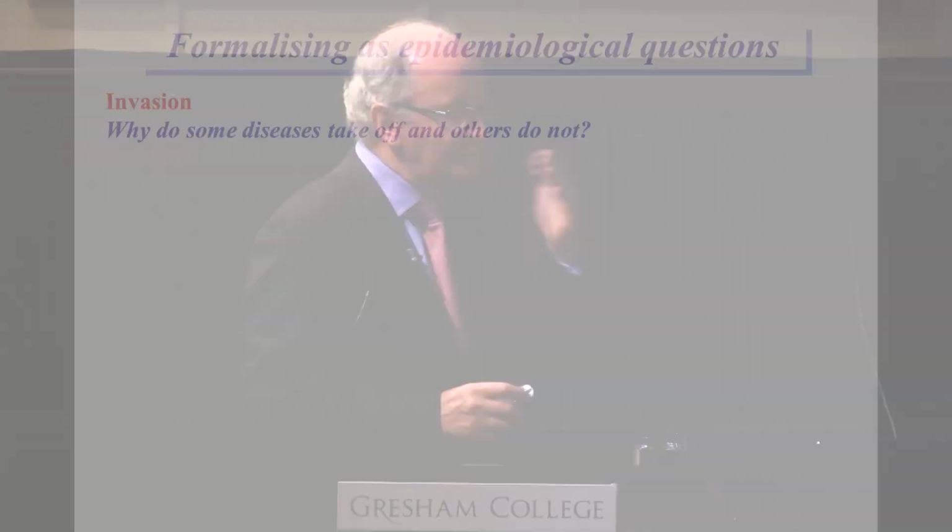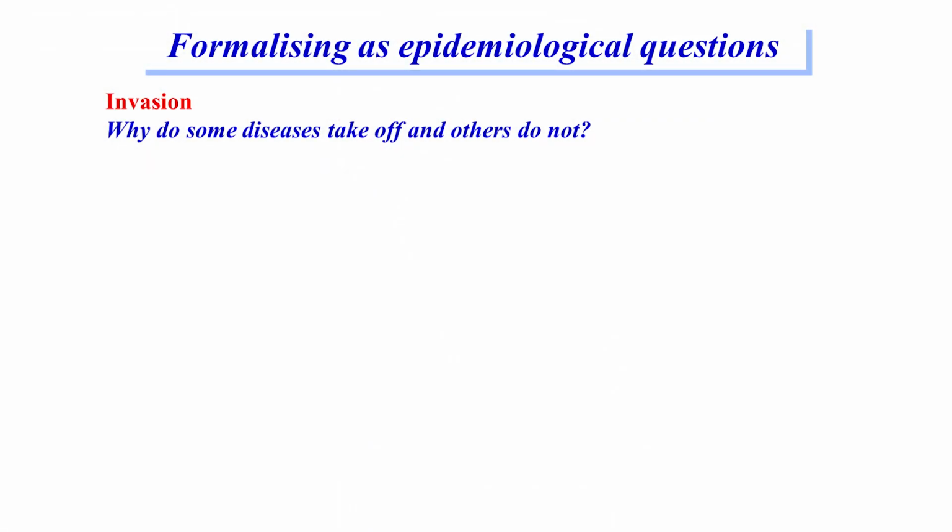Do I have any pesticides? Can I remove susceptible hosts in such a way that I form a cordon sanitaire around where this is happening? And if so, how do I optimize the control strategies? We can formalize these into some epidemiological questions, which are, why do some diseases take off and others don't?